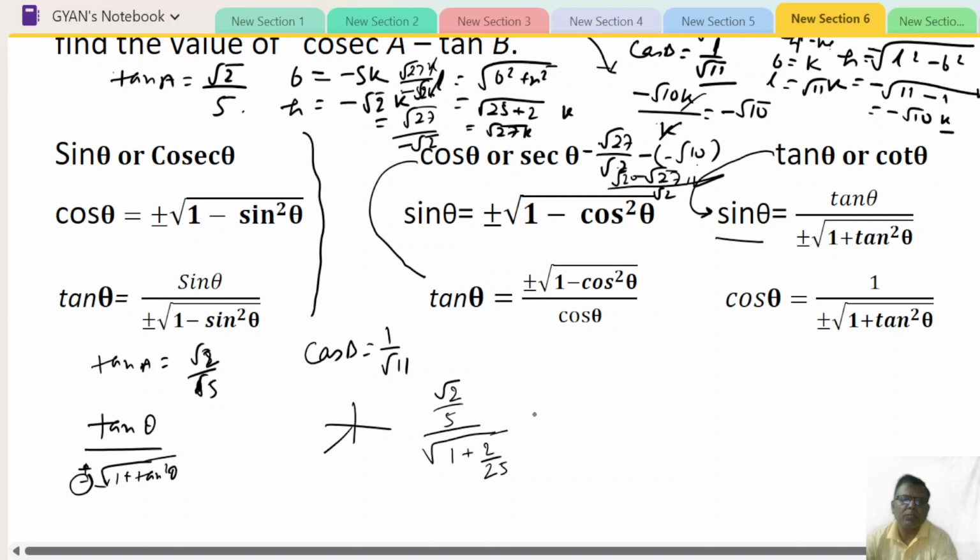So that is equal to root 27 by 25, root 5. 5 will get cancelled. So 2 by root 27. And here negative you have to select because it's in third quadrant. So this value is negative. So this is what?